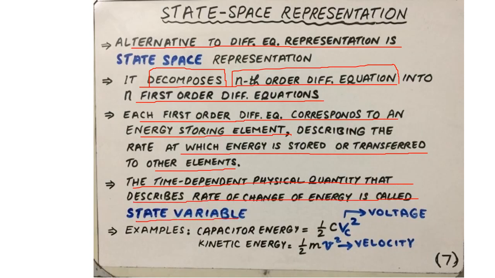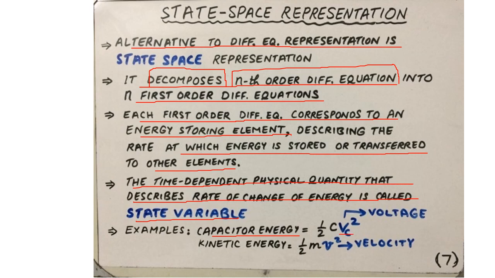So let us consider some examples of the state variable. In the case of a capacitor, the formula for the energy is half times capacitance times the voltage across the capacitor squared. Now if the capacitance is fixed, which is a realistic assumption, then the energy depends on the voltage across the capacitor.